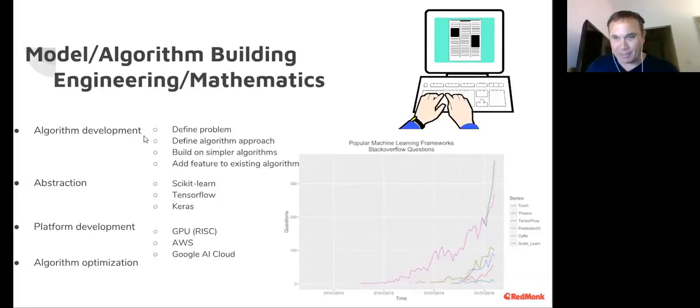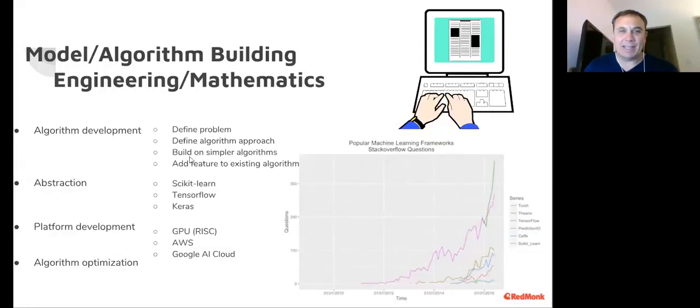You present it with a picture of a number, and okay, what number is that? That's a problem. Then some people sat around and said, okay, how are we going to solve this? And they talked about the approach of creating the algorithm. How do we want to do this?